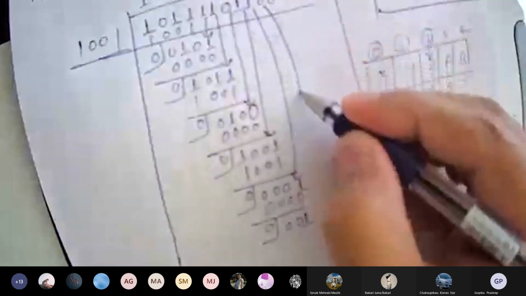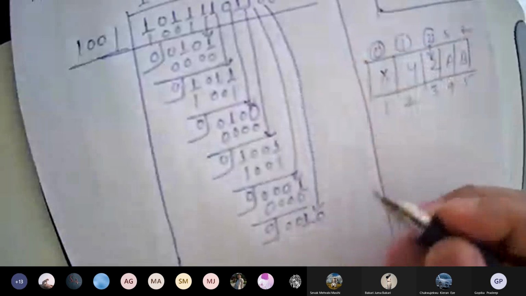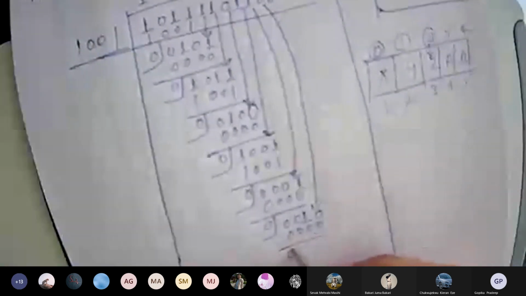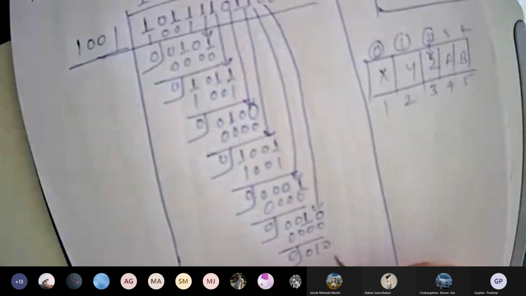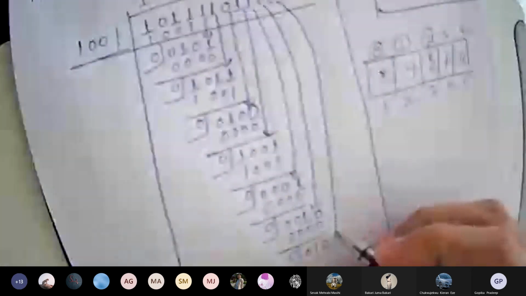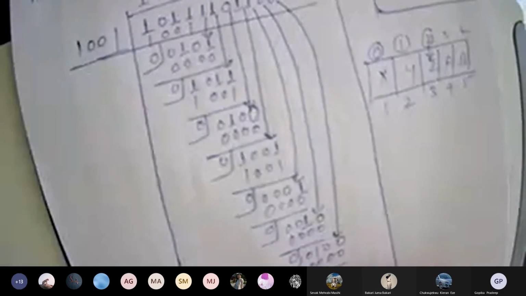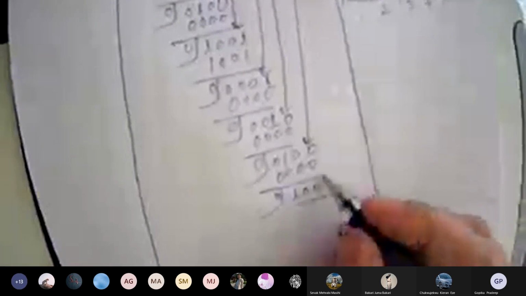Then take this 0. Still you can divide 0 times. So 0000. This 0 you discard. 010. Take this 0. Still 0 times. So 0000. 0 you discard, but the remainder is there, 100, no? Finally.